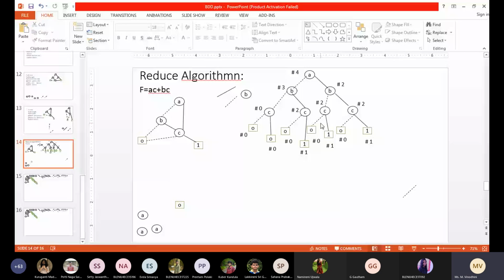Yes, ma'am. These are having 0. So I just considered only one leaf node. I've removed this as something like a redundant node if you are getting same values. Do you agree, students? One input and both the outputs are going to the same value. Correct?